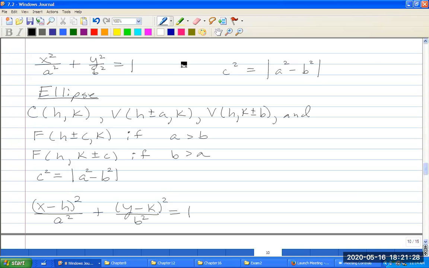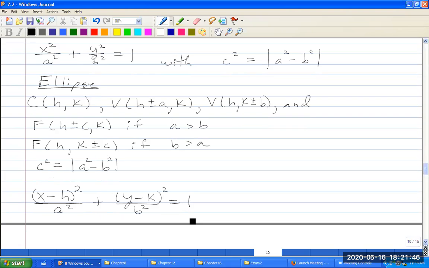Those conditions are the same, but to be a uniform condition, I'll write it that way. Then the equation of my ellipse is just x minus h quantity squared over a squared plus y minus k squared over b squared equaling 1.